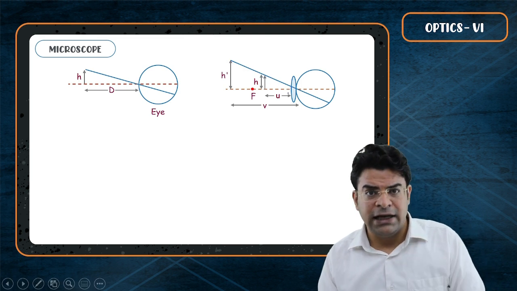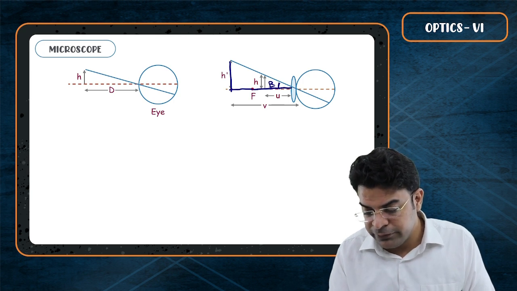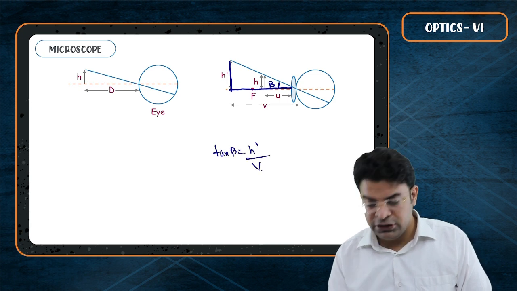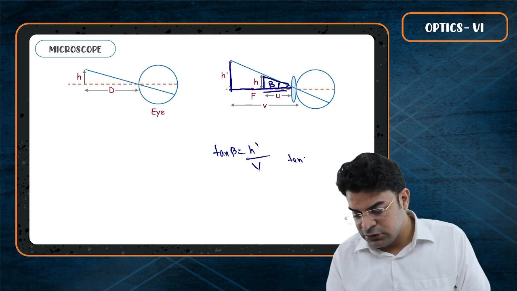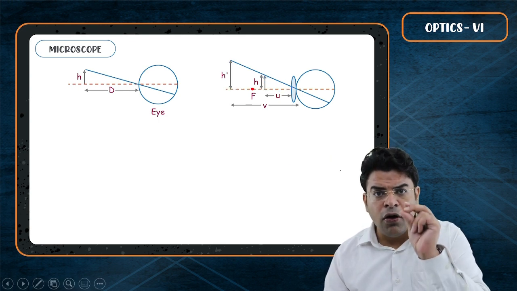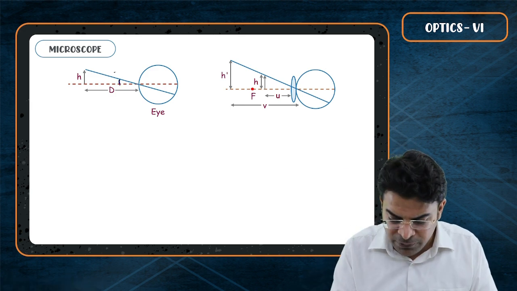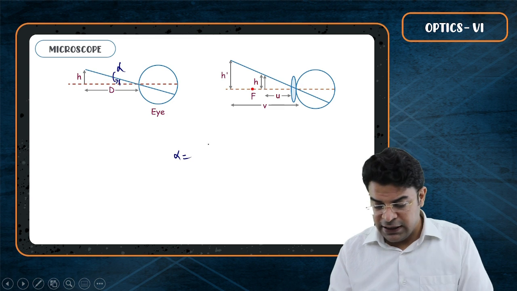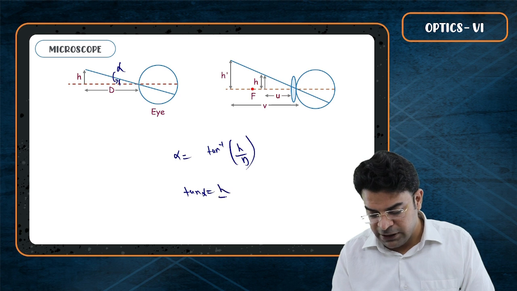Now, if the angle subtended by this image on the eye, I call it beta, can I say that tan beta equals h' by v? Yes sir. And can I say, looking in this small triangle, tan beta equals h by u? Yes. So without the aid of the instrument, the maximum possible angle subtended on the eye, let's call it alpha, can be written as tan inverse h by D, or tan alpha equals h by D, right?